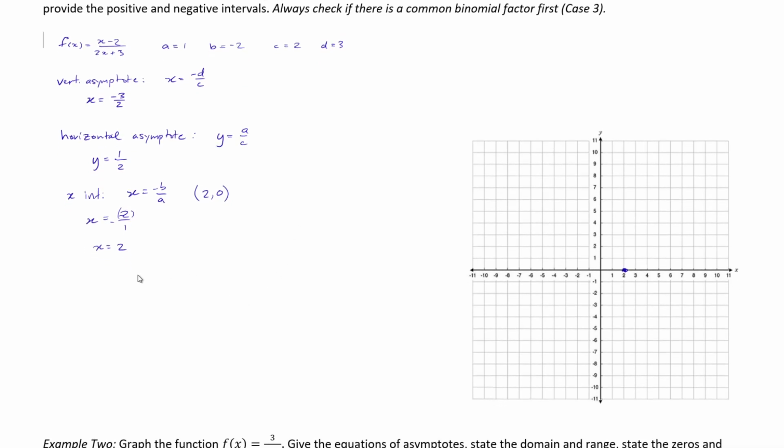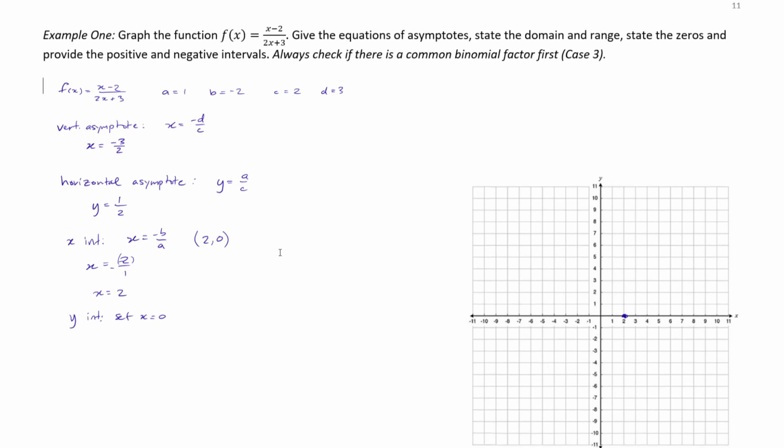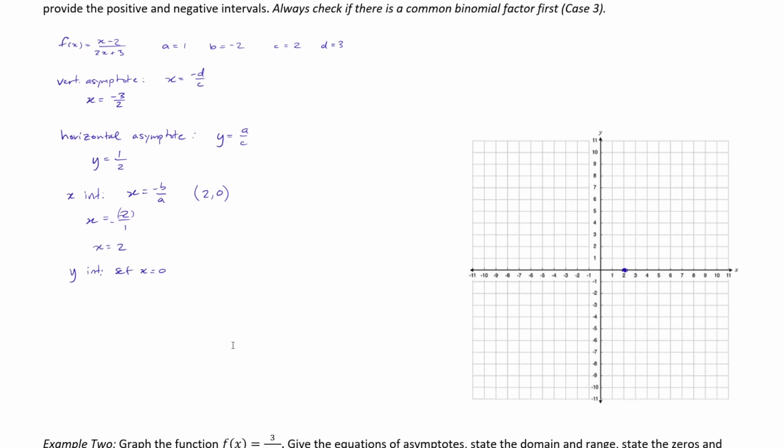All right, and then I'm going to look at my y-intercept. Okay, and so for my y-intercept I set the x value equal to 0. That's what I meant. Set x equal to 0. Well, if x is equal to 0, then going back to the original function, 0 minus 2 over 0 plus 3 is negative 2 over 3, right?